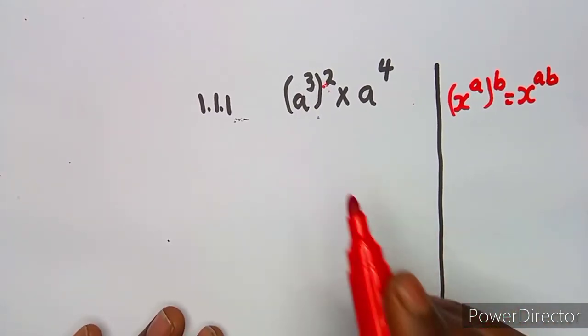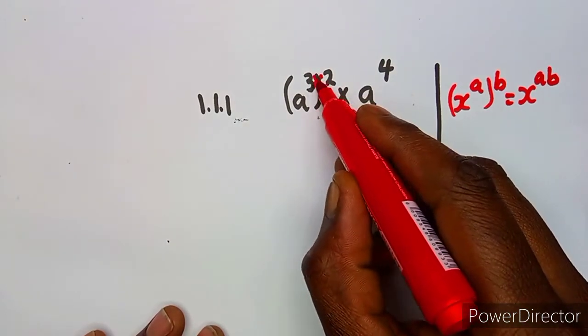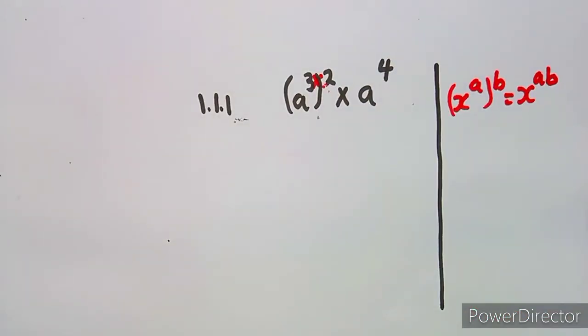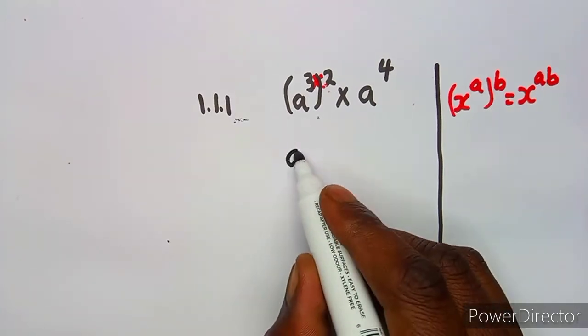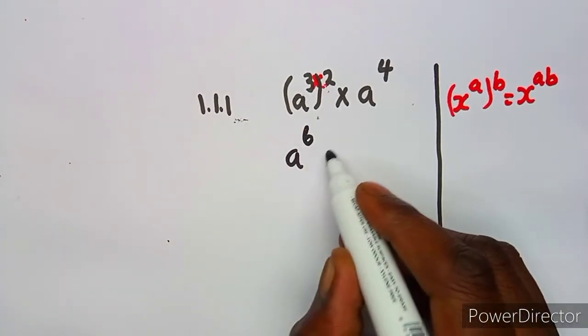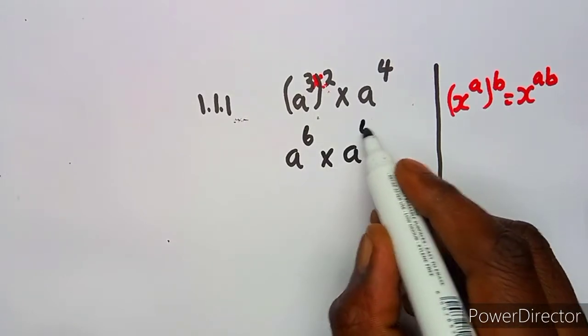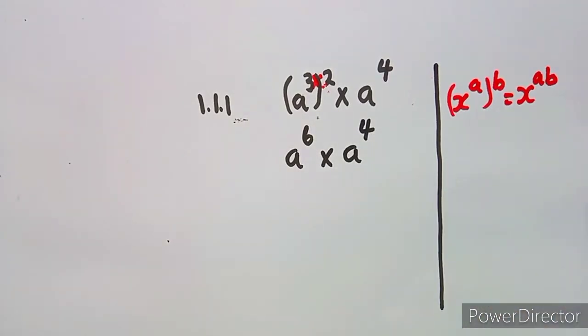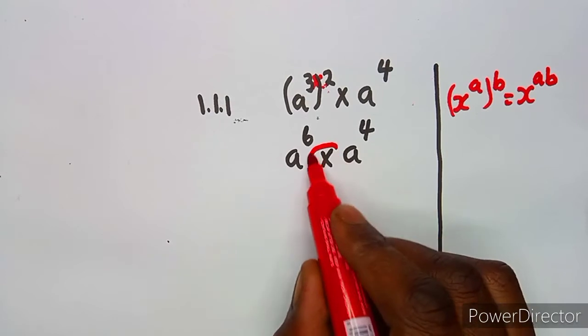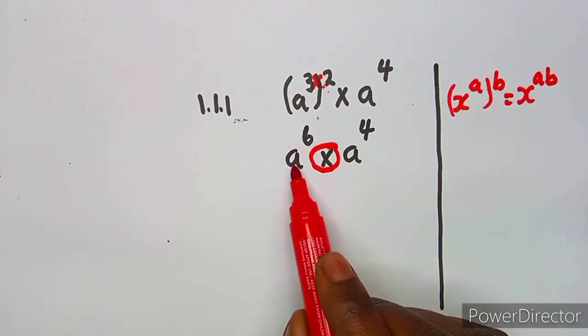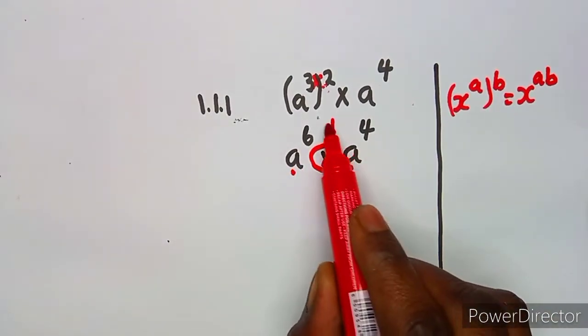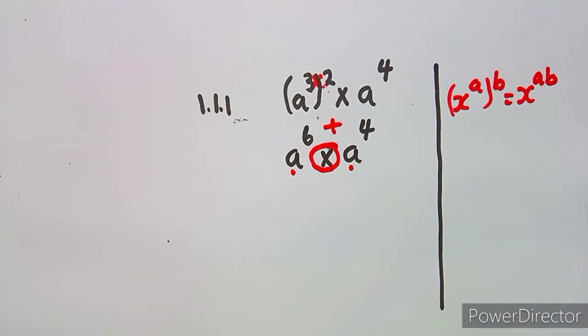So that means we can actually multiply this part here. We've got 3 times 2, which is going to give us a 6. So we are going to be left with a to the exponent of 6 times a to the exponent of 4. Now at this stage we are multiplying. Take note here, we are multiplying and the bases are the same, so you're going to add the exponents, which is 6 and 4.